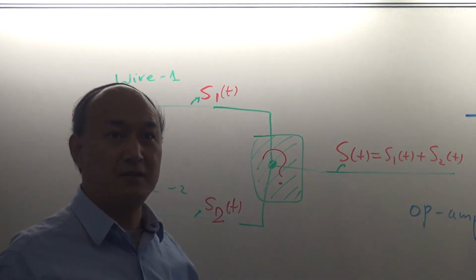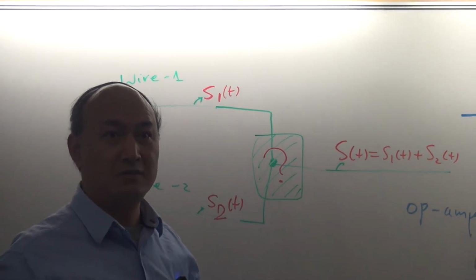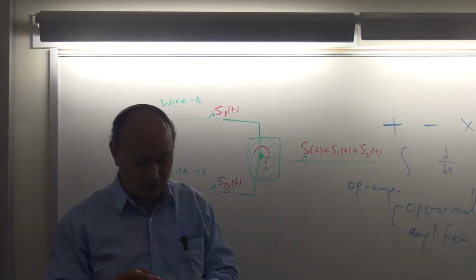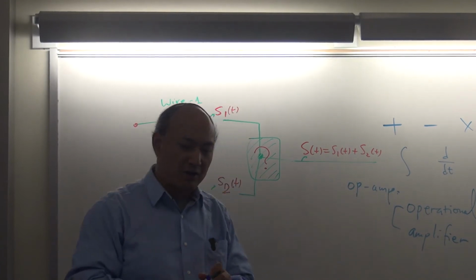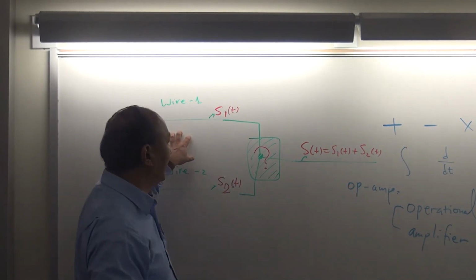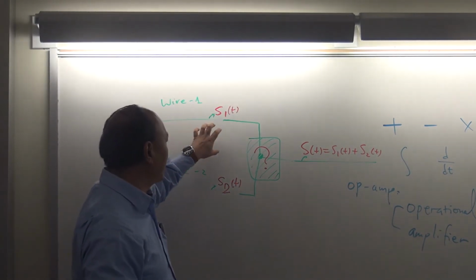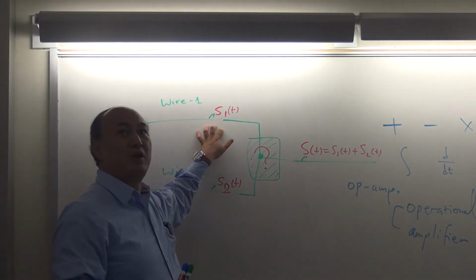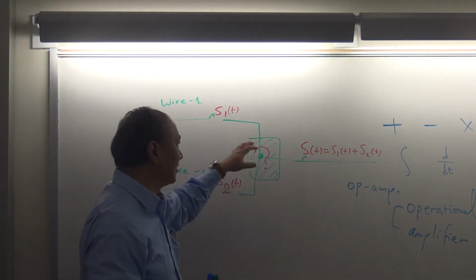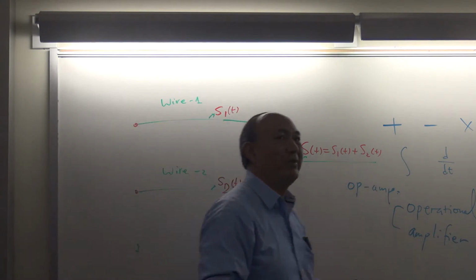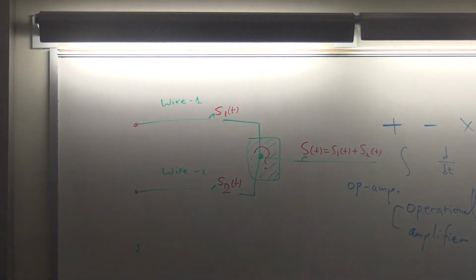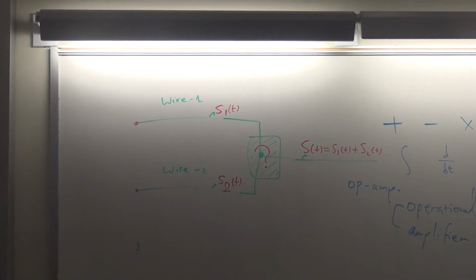Okay, another signal. So I'm talking about signals. Usually when you do this, the fundamental building block turns out not to be this summation. The fundamental block is called the amplifier. So you have a signal 1 in here.